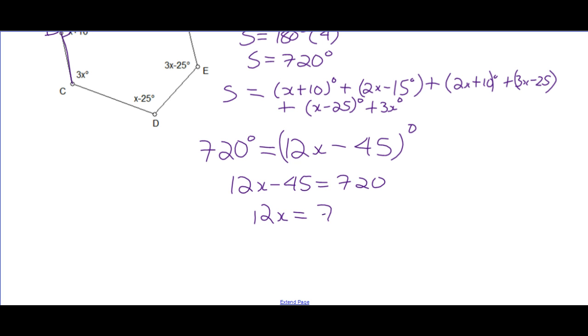So 12x is 765. We're going to add 45 to both sides, and x is equal to, we're going to divide by 12, so 12 goes into 72 6 times, and then 45, that'll be 3 times, it's 36, that leaves a 9, I'm going to look, 63.75.